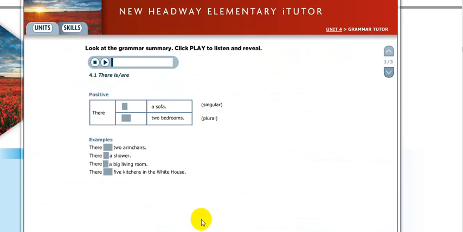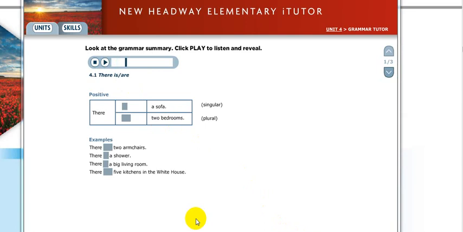The first grammatical rule is how to use there is, there are.